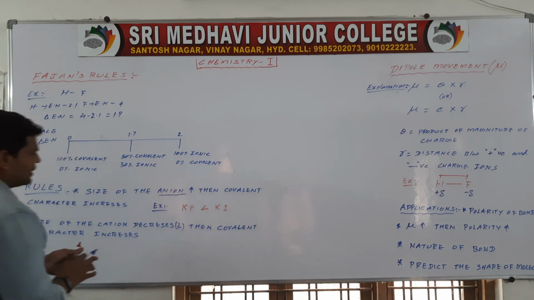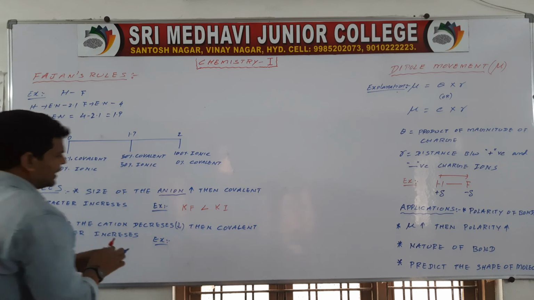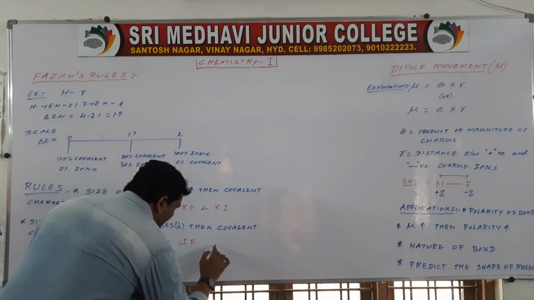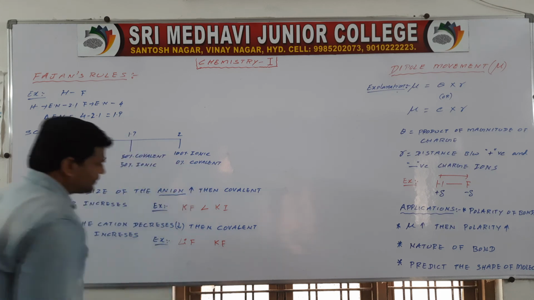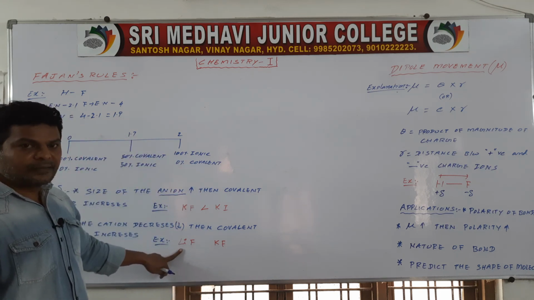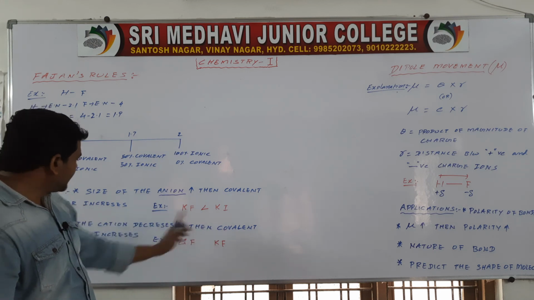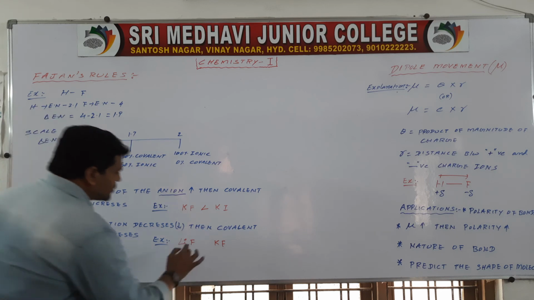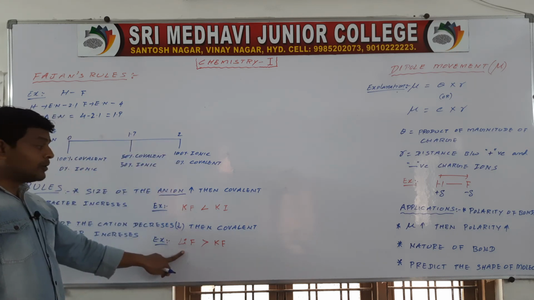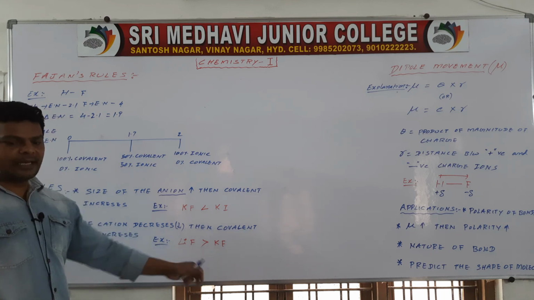Okay, example, LiF and KF. So lithium and potassium cations. So the lithium size is less, meaning size of the cation decreases, then covalent character increases. So LiF is more covalent than KF.